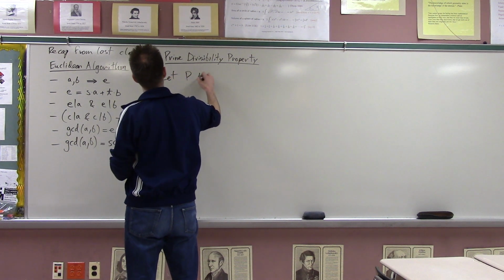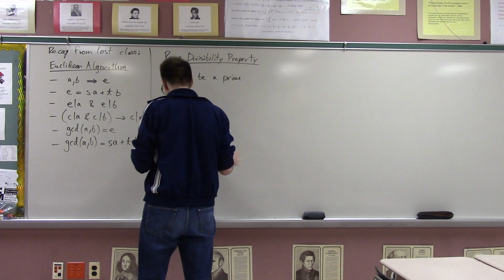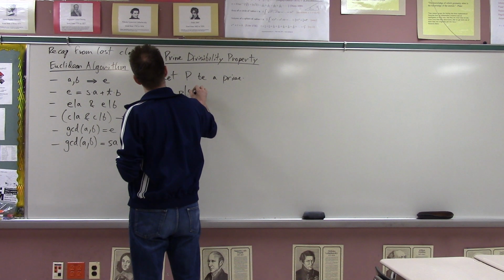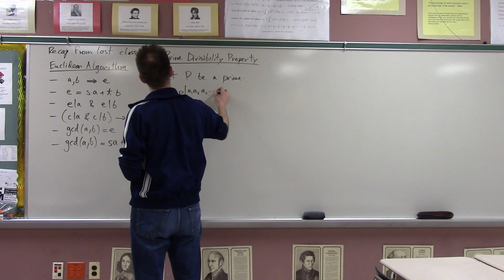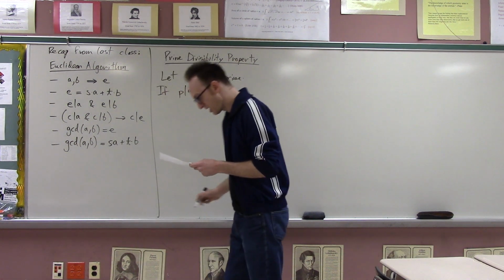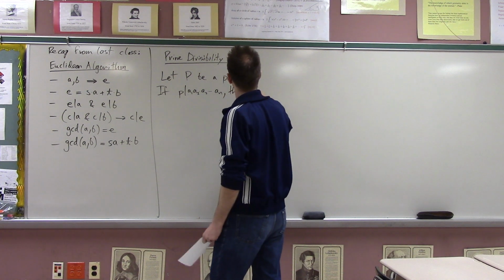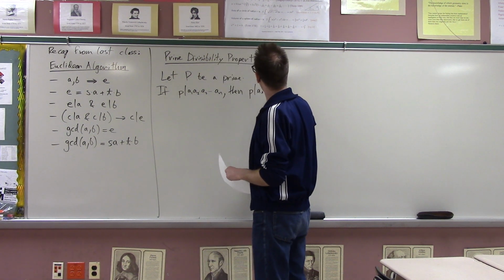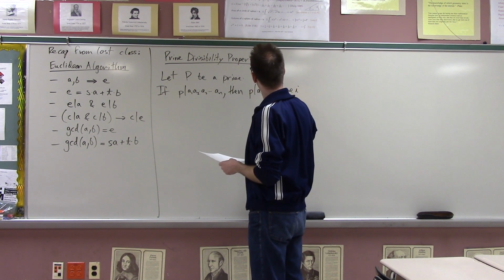Let P be a prime number. The theorem says that if P divides a product of numbers, A1, A2, A3, to AN, then P has to divide one of them. That is, P divides AI for some I.